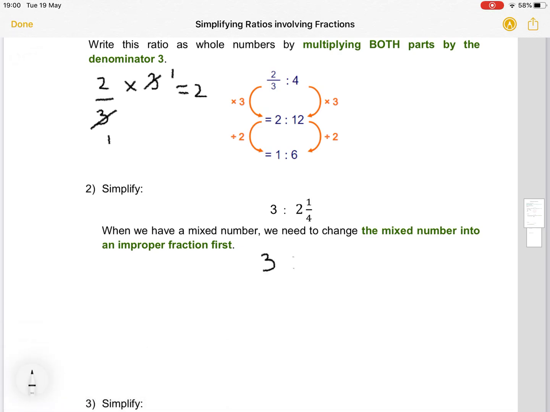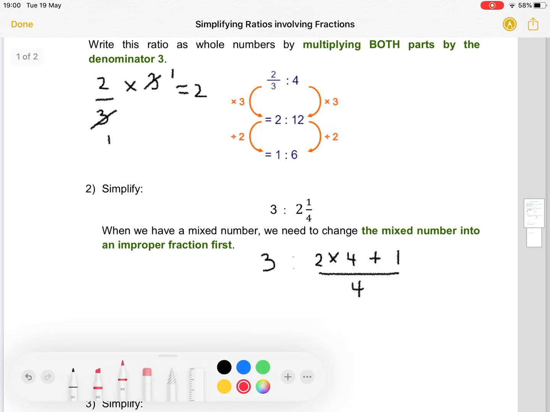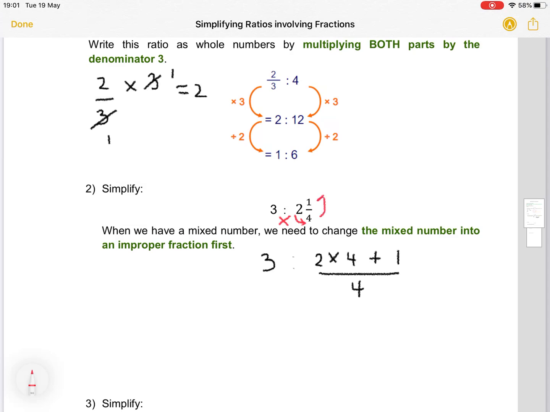Then 2 and 1/4. We do 2, the whole number, times 4, the denominator, plus the numerator 1, all over the denominator that we had before. So everything over 4. 2 times 4, just like we did in class when we did changing mixed numbers to improper, plus 1. I think you remember this.